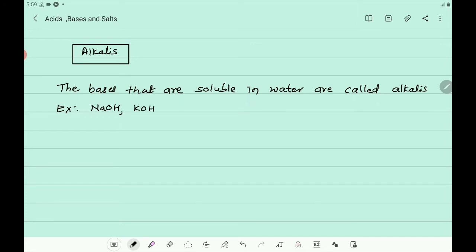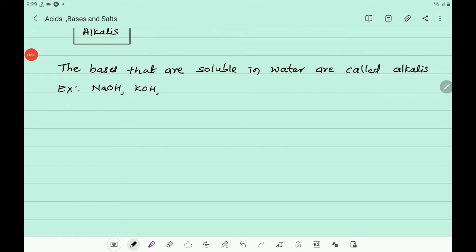Similarly, potassium hydroxide, Ca(OH)2, NH4OH, Mg(OH)2. Sodium hydroxide, potassium hydroxide, calcium hydroxide, ammonium hydroxide, magnesium hydroxide. These are some examples of alkalis. They are the bases which dissolve in water and give hydroxide ions.